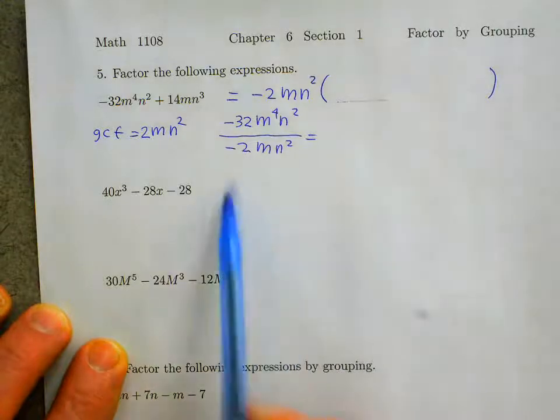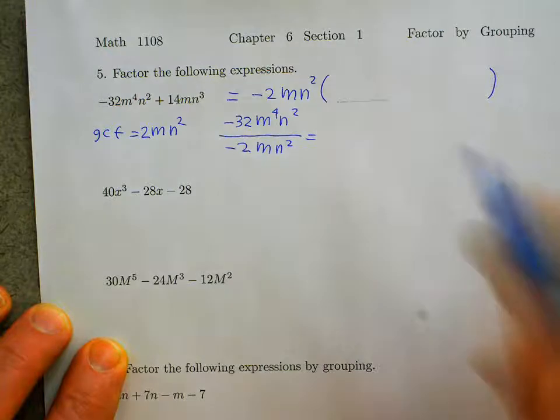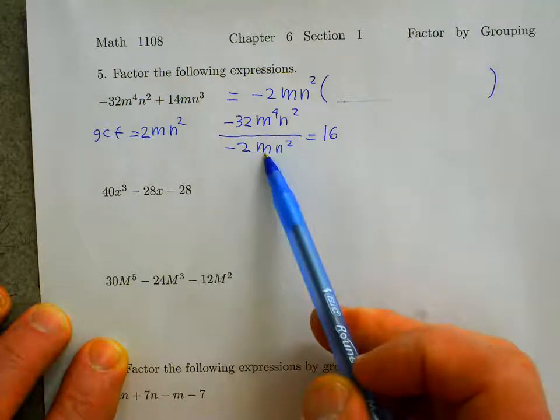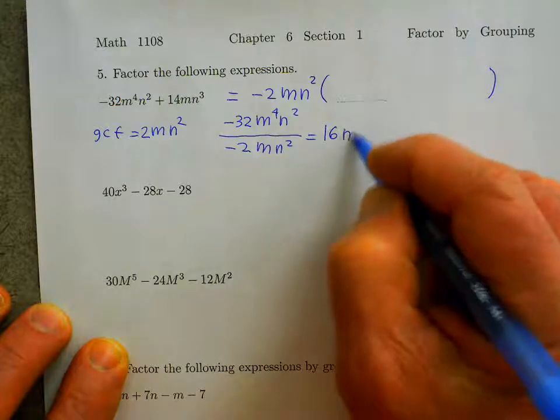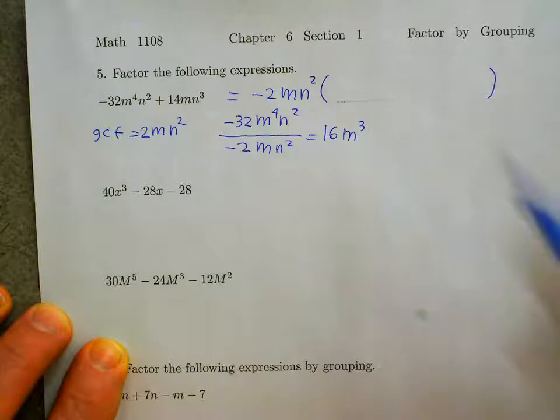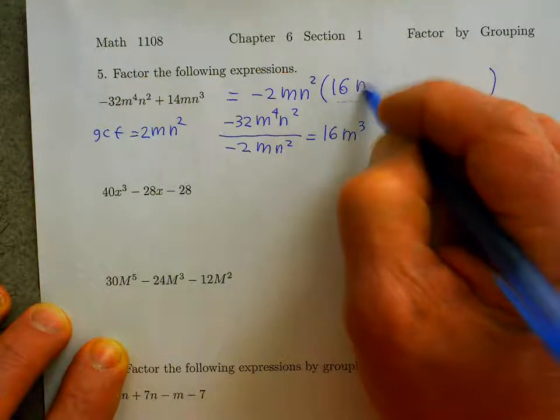So just do it piece by piece. Negative 32 divided by negative 2 is positive 16. M to the fourth divided by m is m to the third. And n to the second divided by n to the second is 1. So the first term in the parentheses is 16m to the third.